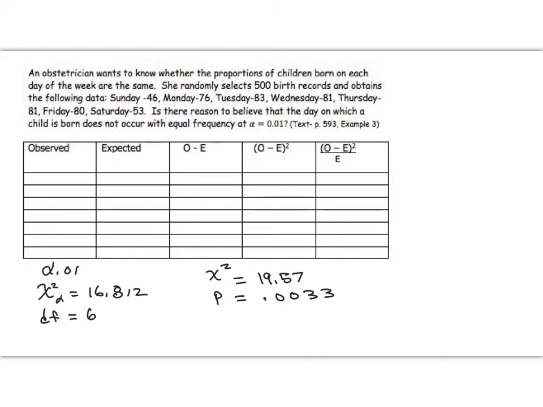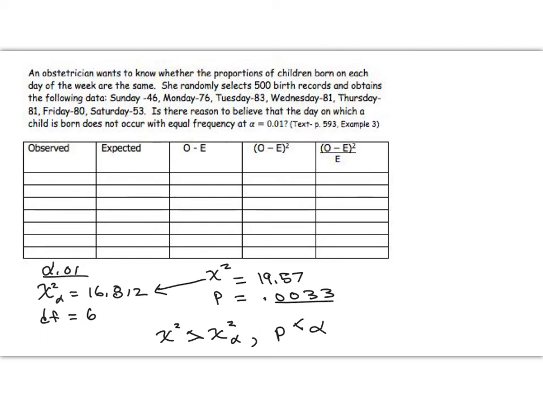And so if I were to compare, my test statistic is greater than chi-square alpha, which means it's in the critical region, and my p-value is also less than alpha. 0.0033 is less than 0.01.